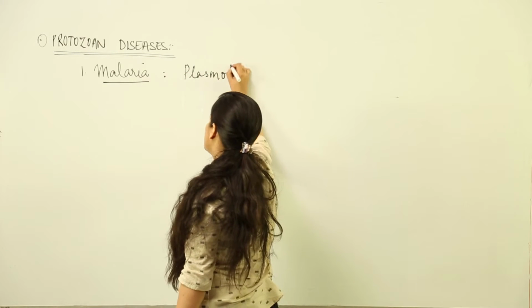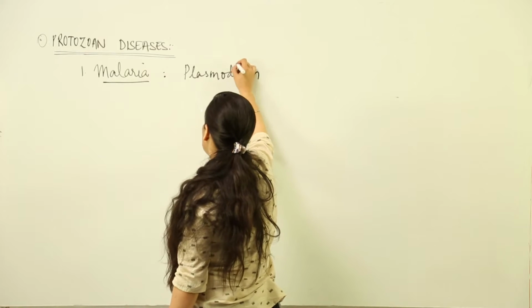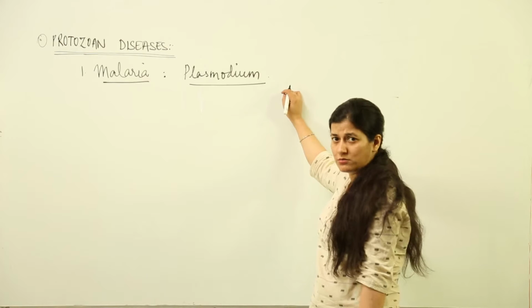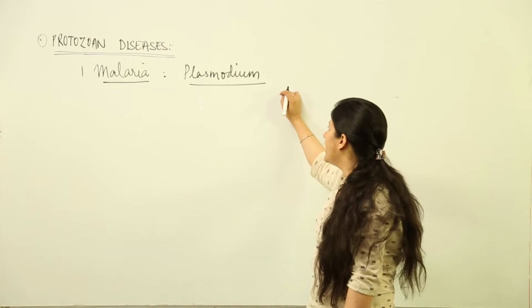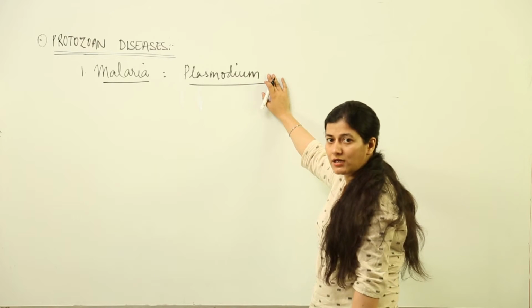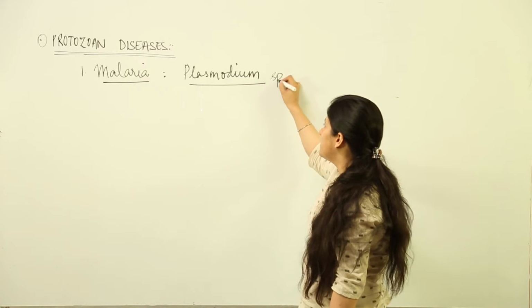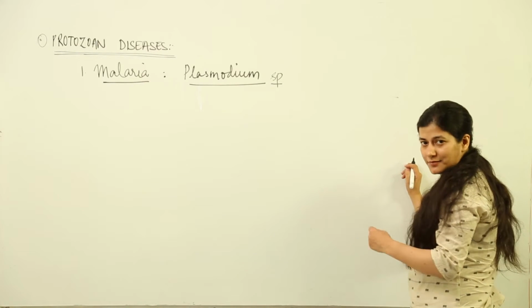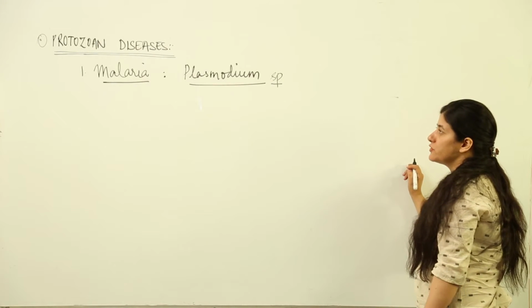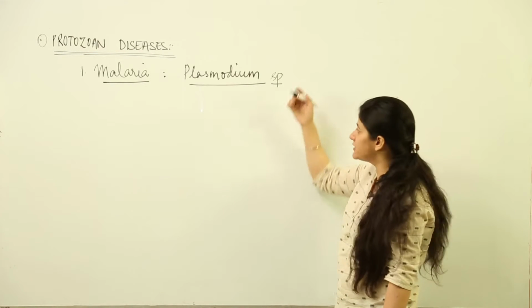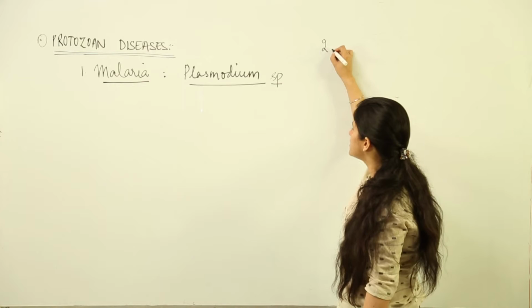There are three types of Plasmodium which are known for their notoriety: Plasmodium falciparum, Plasmodium vivax, and one more species. This is the generic name for it, and depending upon the type of malaria that they cause, we have named them accordingly. Now, this Plasmodium is a protozoan and it is a parasite, and it has two hosts.